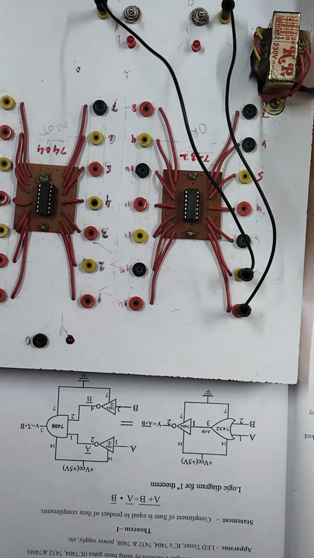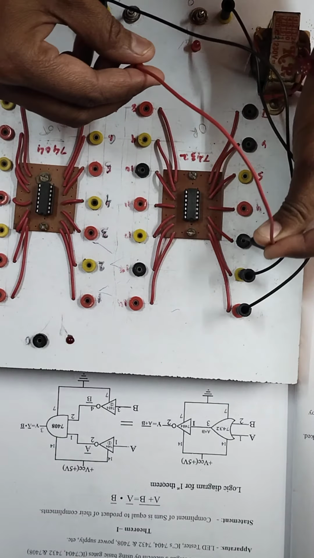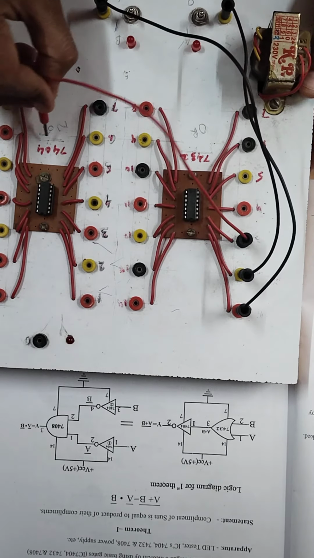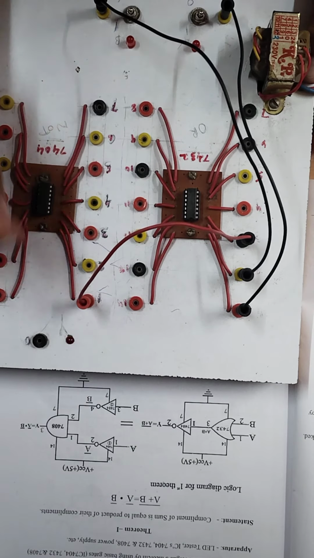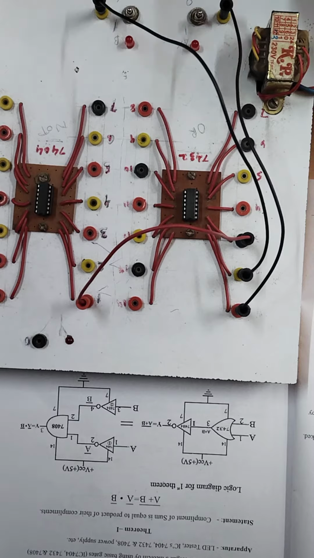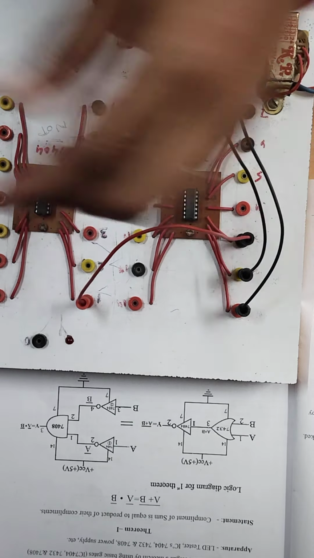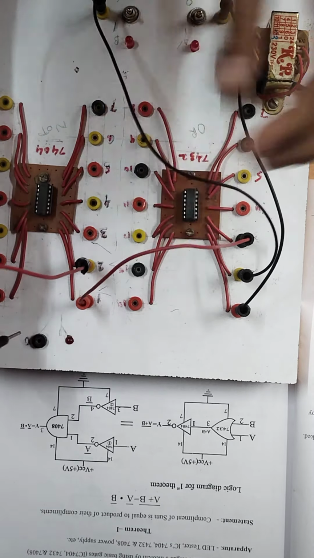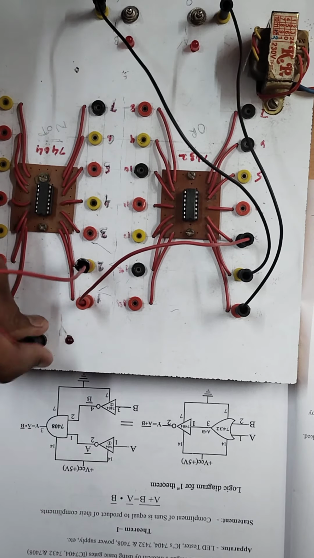So here one more banana pin is connected, the 7432's output to the 7404's input. And the 7404's pin 2, the output, is connected to the Y output LED. In this way the connections are done.